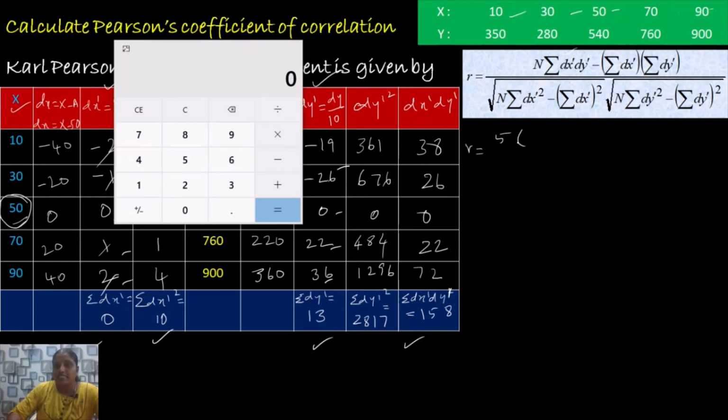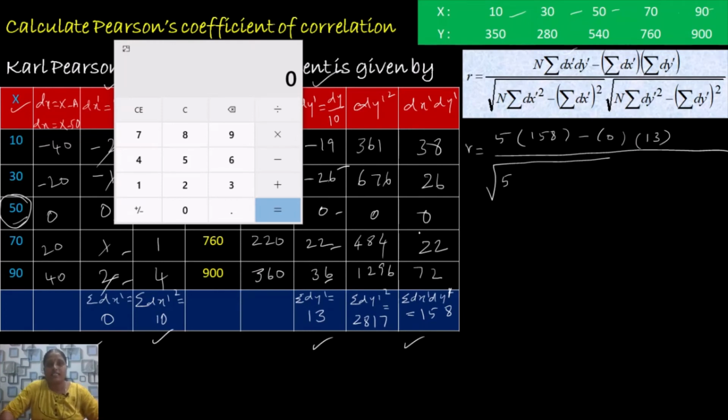So 5 times sigma dx dash dy dash, 158, minus sigma dx dash which is 0, times sigma dy dash which is 13, over under root n, n is 5, sigma dx dash square is 10, minus sigma dx dash whole square, that is 0 square, times under root 5, that is n value is 5, sigma dy dash square is 2817, minus sigma dy dash, that is 13 square.